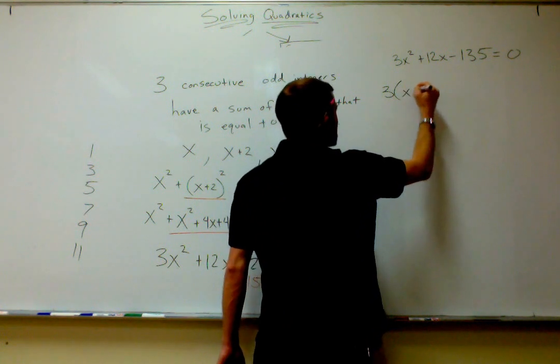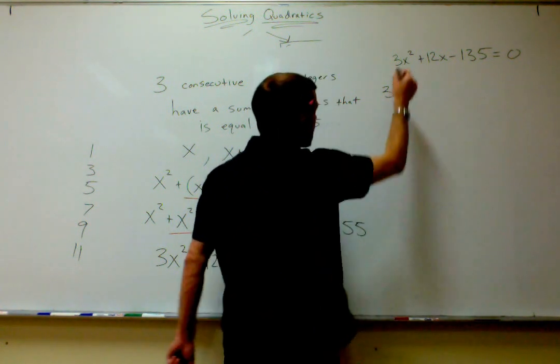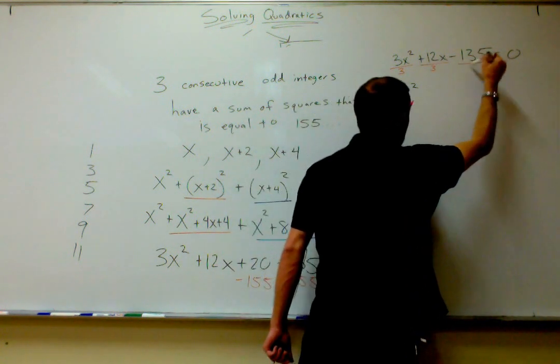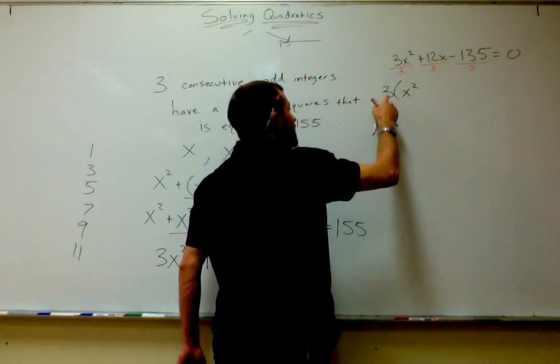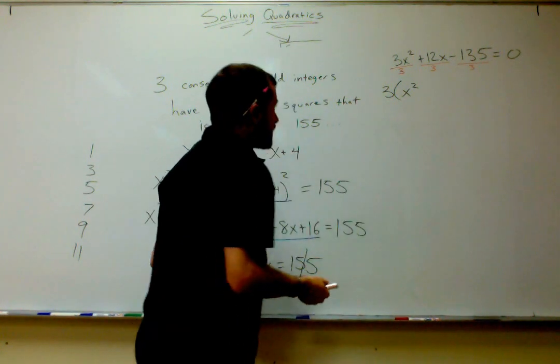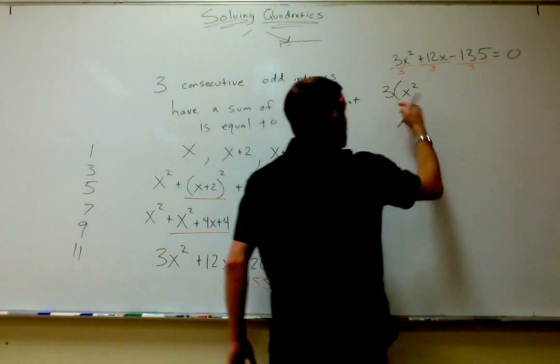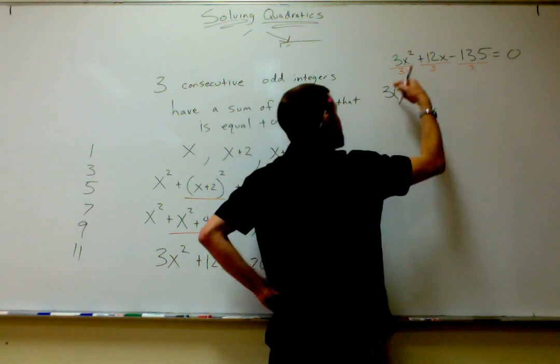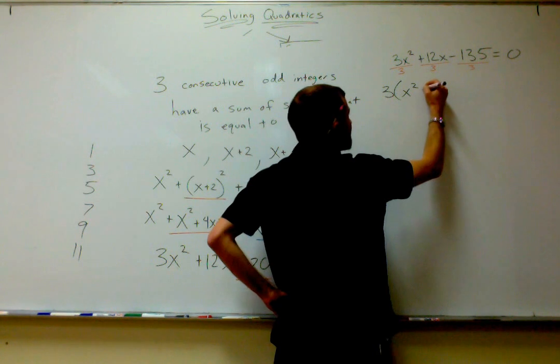I'll have x squared left inside. Right, remember when I'm factoring, I'm just reverse distributing. So I want to divide all of these by 3, write the 3 on the outside, and then continue with what I have inside the parentheses.